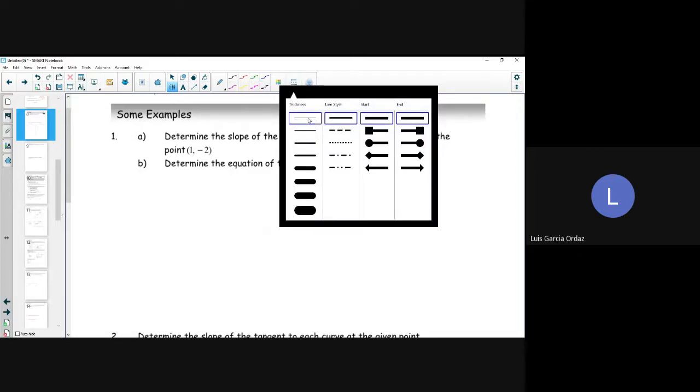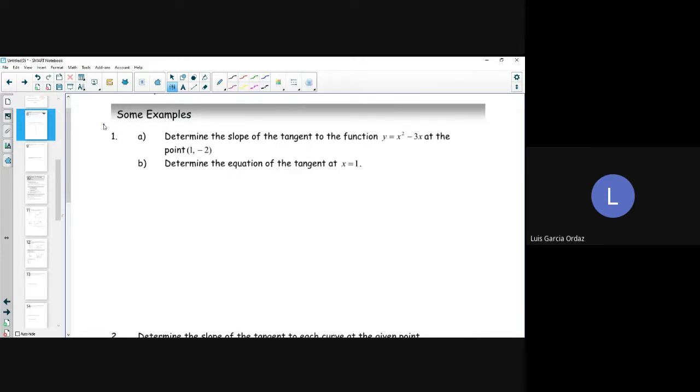What are we going to use to figure out the slope of the tangent of the function x squared minus 3x when the points are 1 and -2? What are we going to start with? Anyone want to tell me?